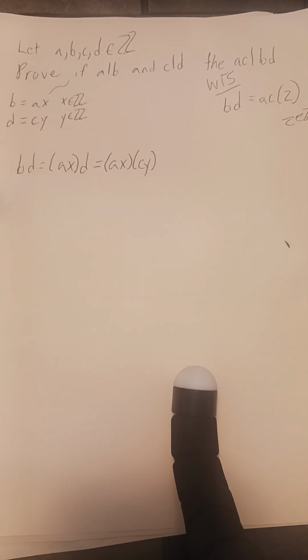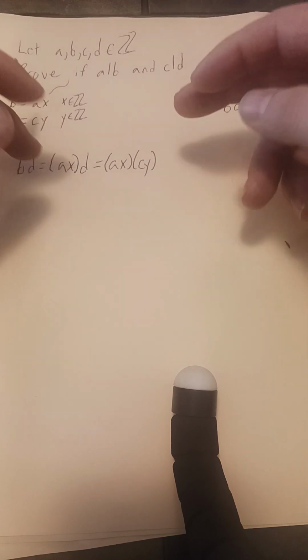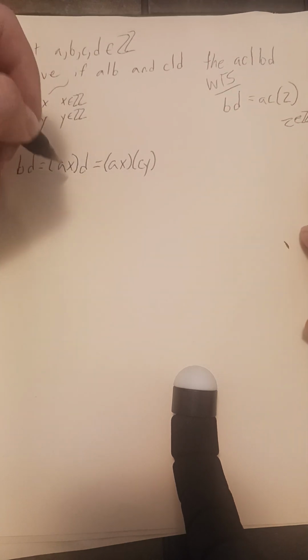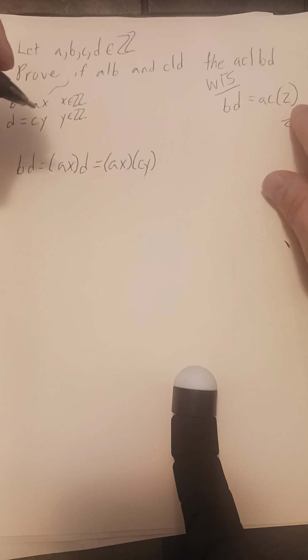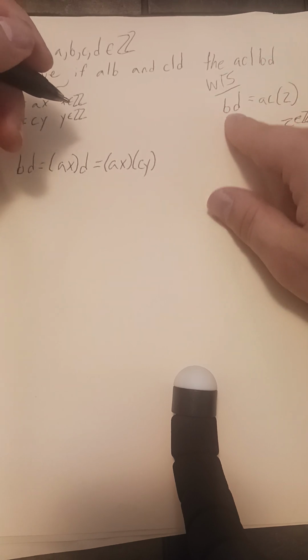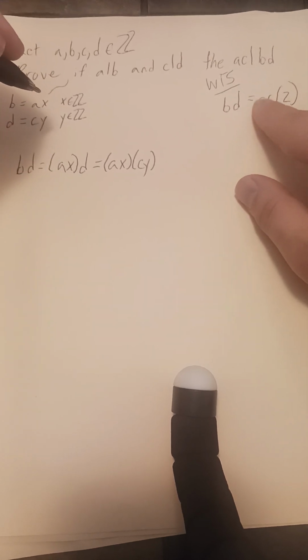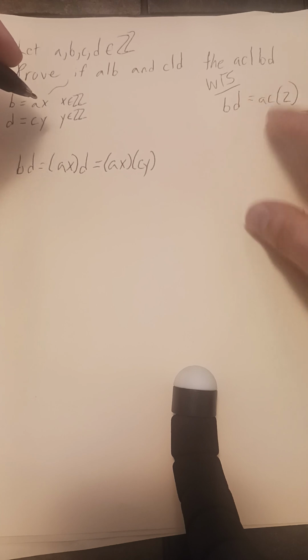Sorry, been a while. Commutativity. We can move our elements around whichever way we want, and it's the equivalent thing. So we wanted to show ACZ is equivalent to BD, because that would show that AC divides BD.